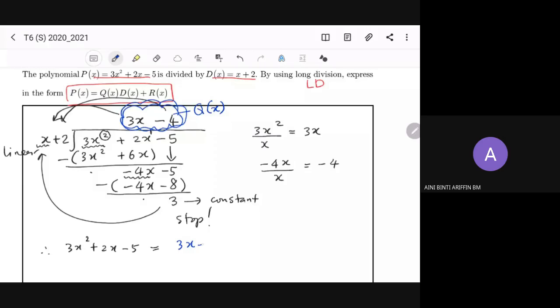Next, the divisor. The divisor is x plus 2. And then plus the remainder. The remainder is at the bottom. So this is Rx, the remainder. R is for rakyat. The people must sit at the bottom. The queen sits on top. So the bottom one is Rx, the remainder. So plus 3. Okay, settle.